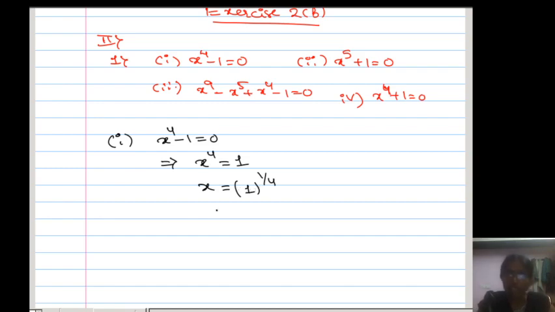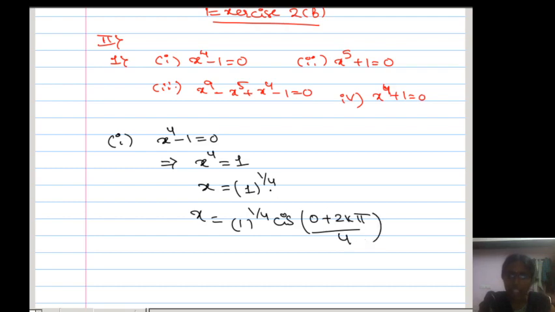So what is the first concept? X is equal to r, what is r here? 1. So 1 power 1 by 4 cis of theta naught. What is theta naught? 1 lies on the x axis, so theta naught means 0 degrees. So 0 plus 2k pi by 4. Shall I write 2k pi by 4?